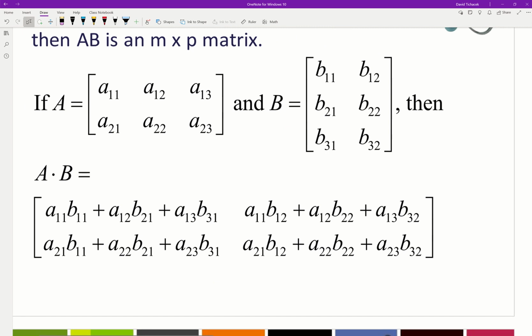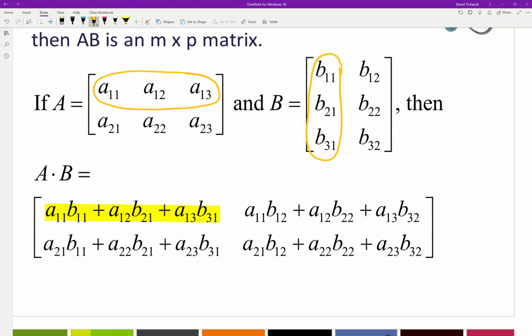So basically, I know this looks like a big mess, but all we're saying here is that to get the first entry of your product, we took all of the entries in the first row of A and multiplied them times all of the entries in the first column of B. That's why we need the rows and columns to match up there.